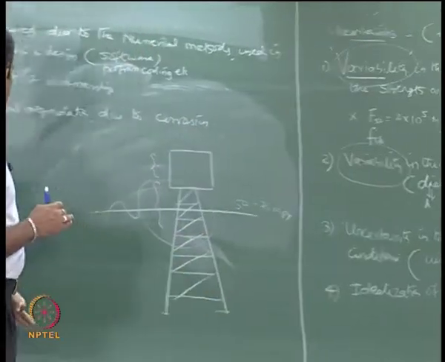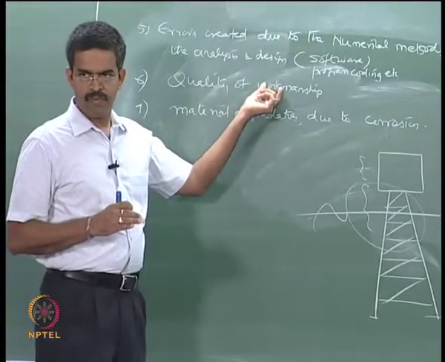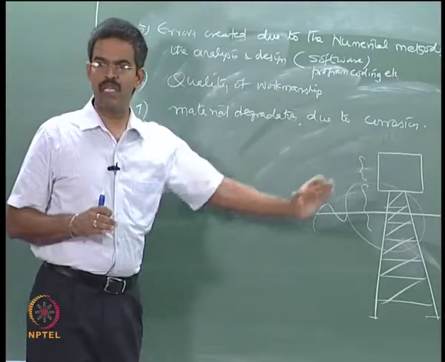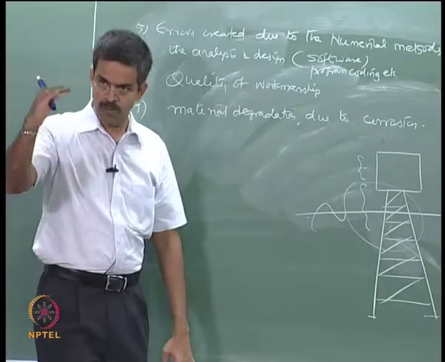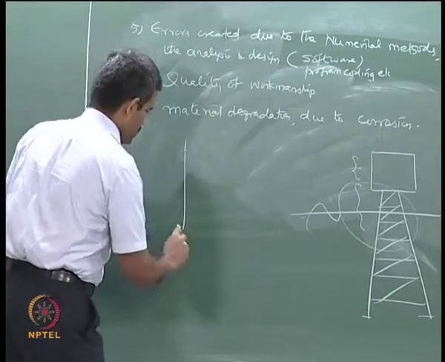Even if we have poor quality workmanship, we do not have to bother about this in the design stage, because my stress level does not exceed a specific value, even much below sigma y. Remember that, it is very important.